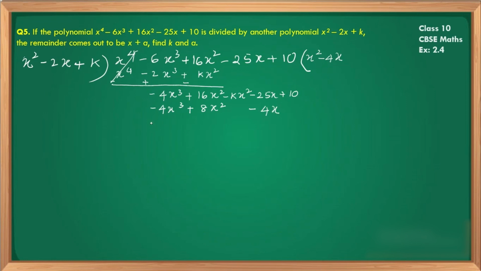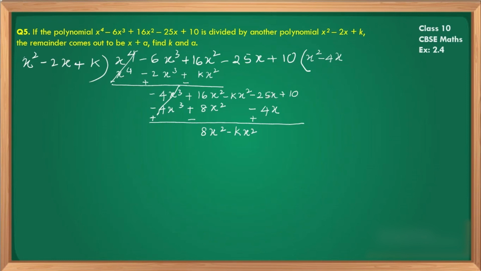What we do, we start subtracting. As we know, we are going to subtract the whole polynomial. Therefore, the sign changes. Minus becomes plus, plus becomes minus, minus becomes plus. Now this gets cancelled. Here 16x square minus 8x square gives you 8x square. We write minus kx square as it is.